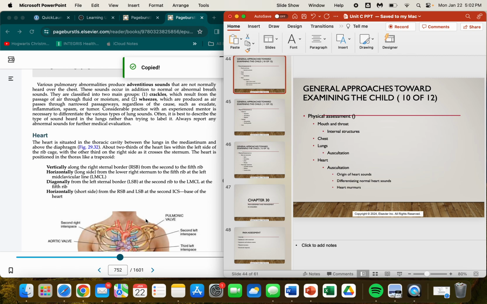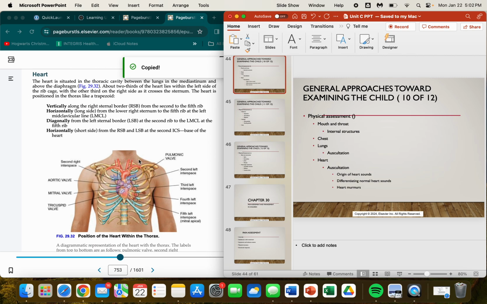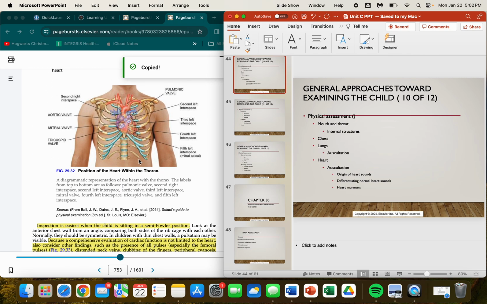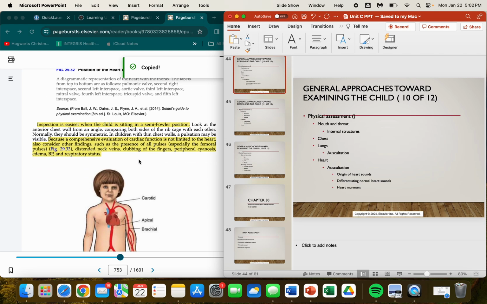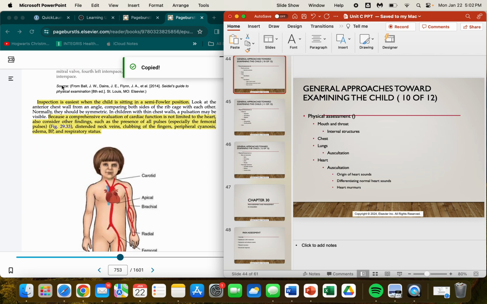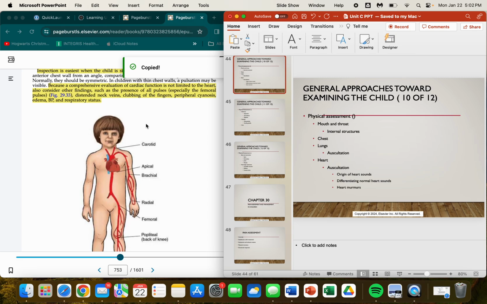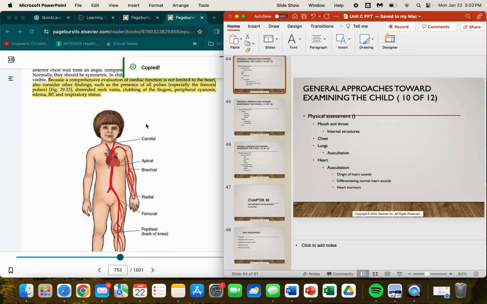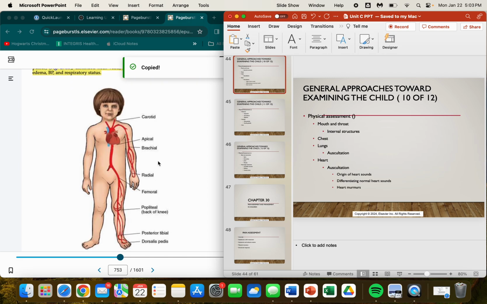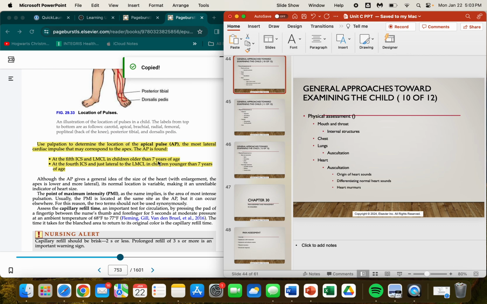Heart sounds, we'll talk a little bit. This book talks about inspection of the heart sounds as easiest when the child is in semi-Fowler's. And then it goes on to say that because a comprehensive evaluation of cardiac function isn't limited to the heart, you should also assess other things, including peripheral pulses, clubbing of the fingers, and cyanosis, all those things that could potentially indicate a cardiac problem.